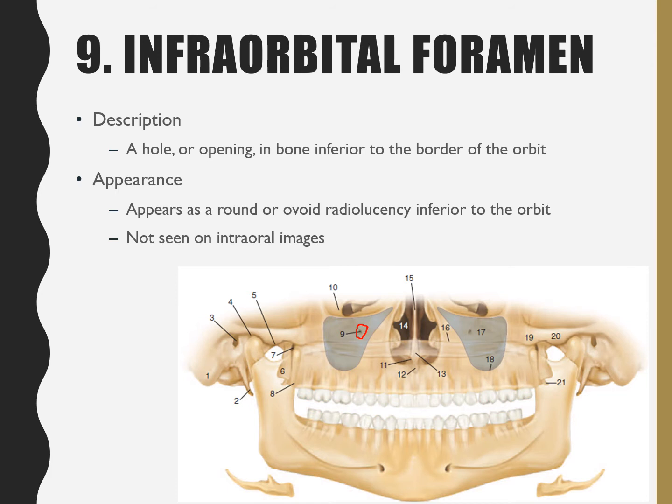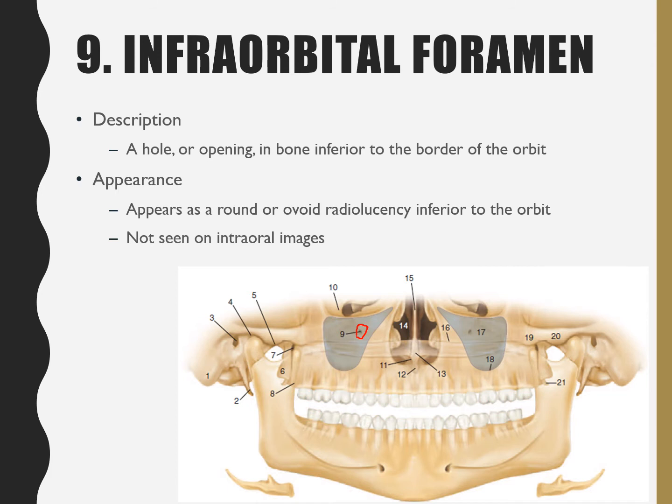And it's a very important little foramen because when we numb patients up, we are using the infraorbital foramen as kind of a guide that tells us where to go. Also, remember when we were talking about the lateral fossa, which is sometimes called the canine fossa, we use the infraorbital foramen as a guide.